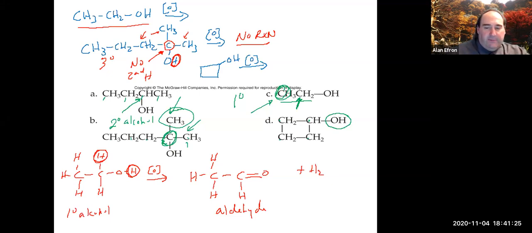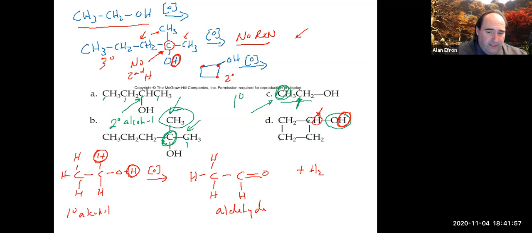That leaves us our last one there. And if we identify the type of alcohol here, that is our carbon attached to 1 and 2 other carbons. That is a secondary alcohol. So it will go through oxidation. I'll just borrow down here the picture. We're going to lose the hydrogen here, and there is a hydrogen attached to that carbon.